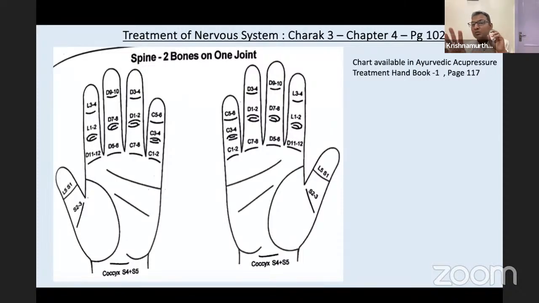Either some disc herniation, the patient has not done the MRI. You don't know exactly what the problem is, but there is a problem in the cervical. The easiest thing you can do is put a methi strip on all the cervical joints. 1, 2, 3, 4. Simple. And you will have to use one more logic.